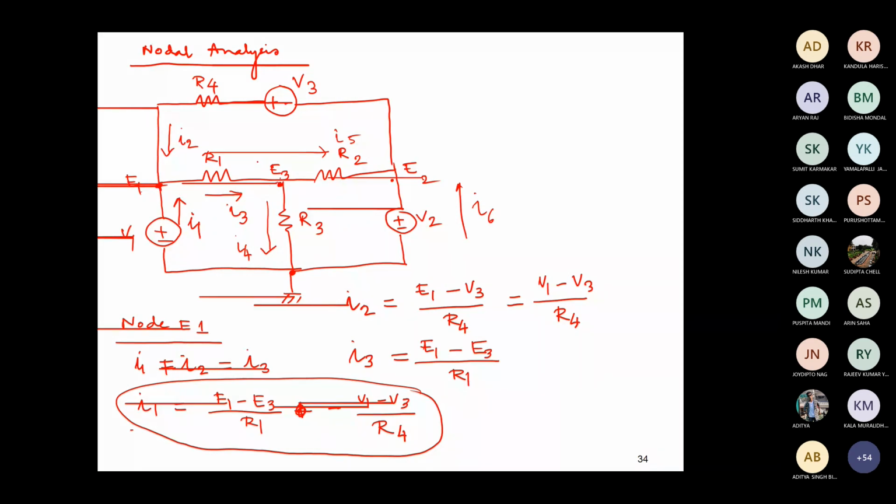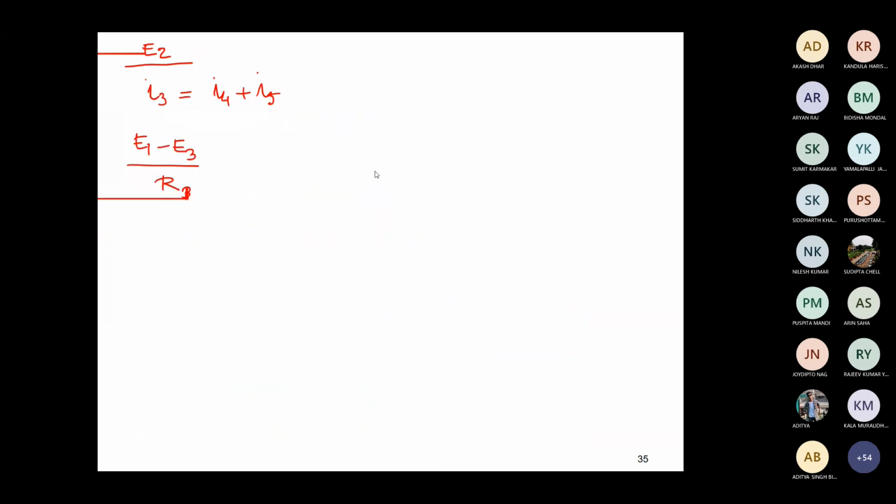And I5 will start from E3 to E2, so it is not this full one, it is here, then here, then here. So E1 minus E3 divided by R1 is equal to E3 minus 0, this is ground potential, divided by R3, equal to E3 minus E2 divided by R2. Isn't it? Okay sir. Any doubt there?